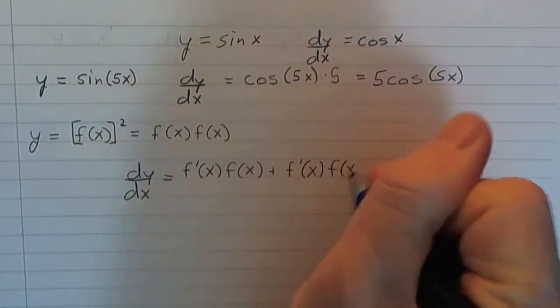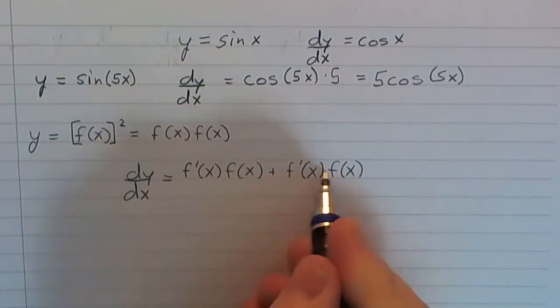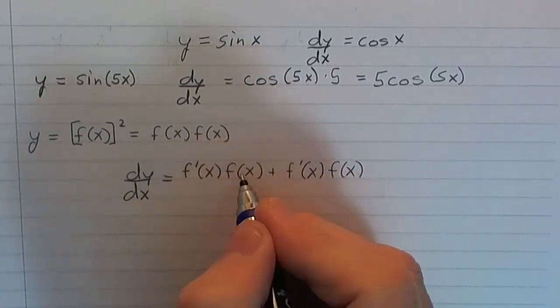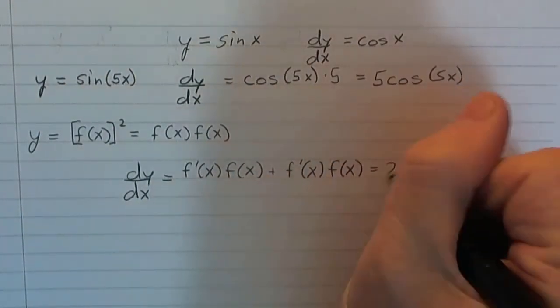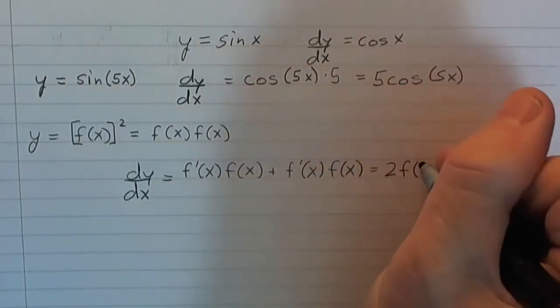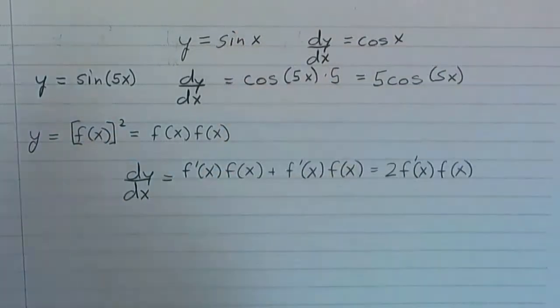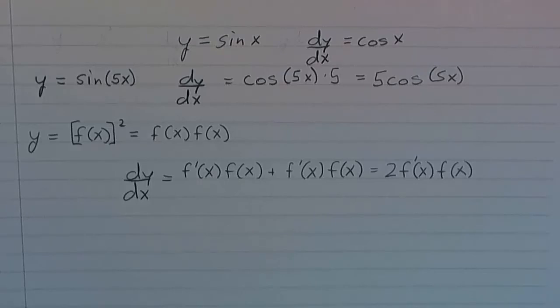Now look, there's two of these. Two f prime of x times f of x. So I could just write this as 2 f prime of x f of x.